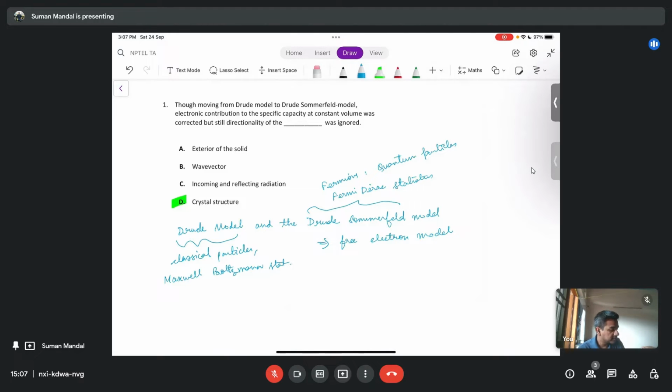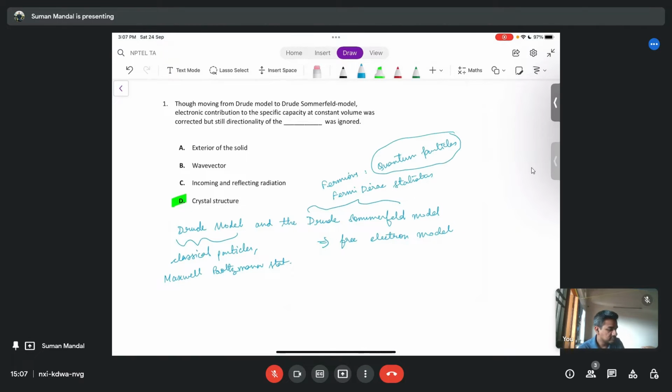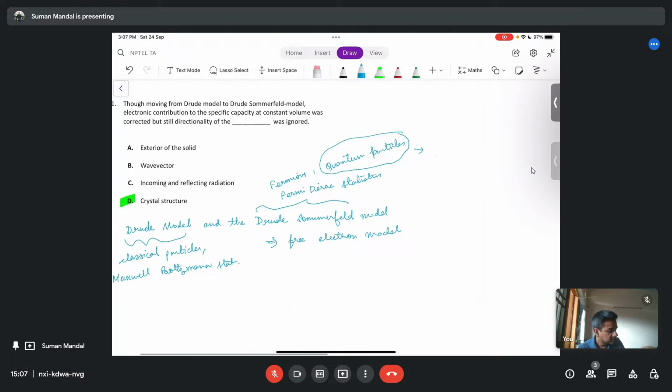Now, quantum particles, we know from the de Broglie hypothesis, have dual nature. They are particles and waves.